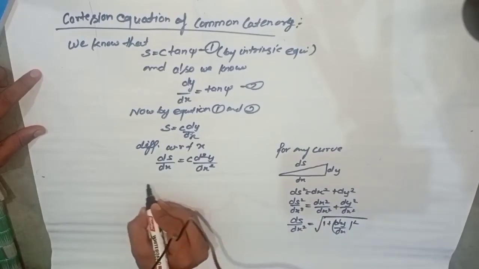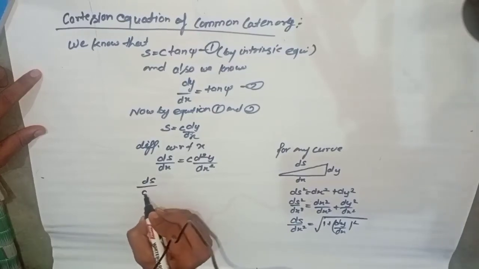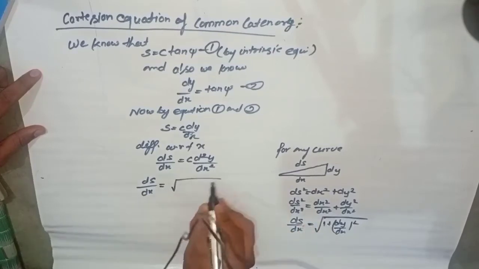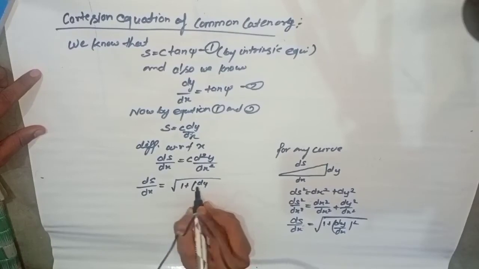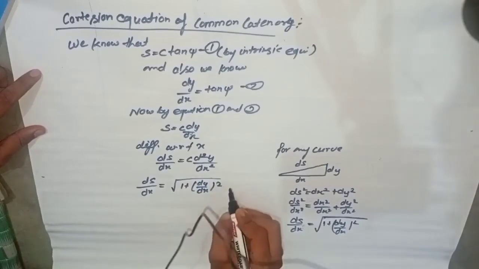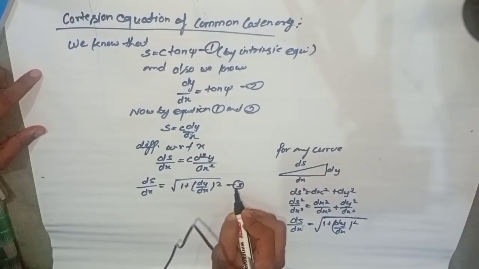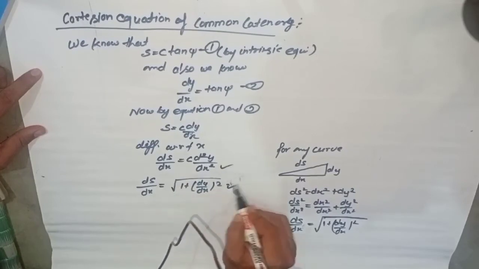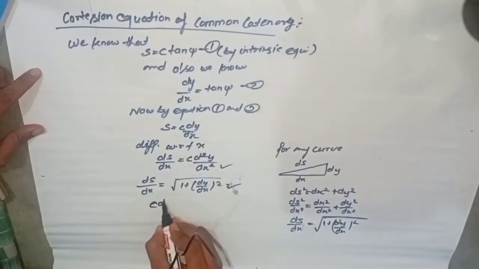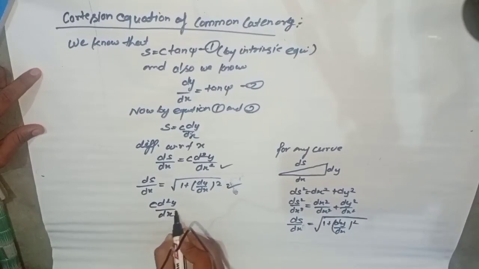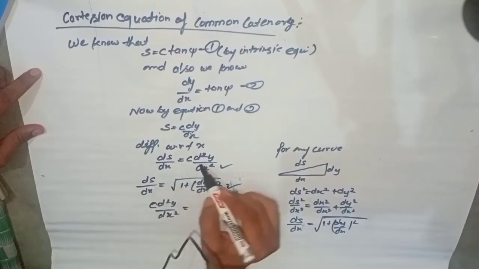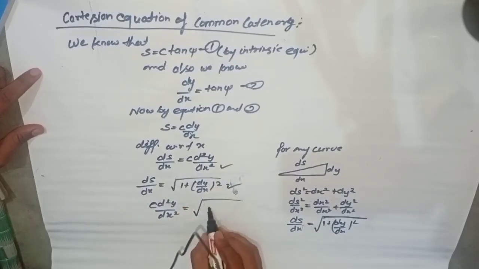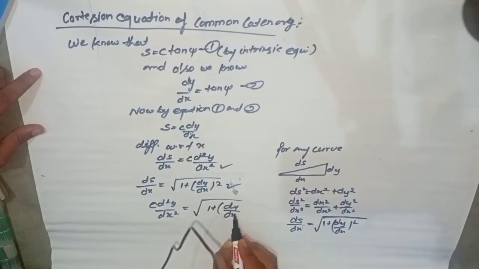Now we write ds upon dx equal to under root 1 plus dy by dx whole square. With the help of this and this, we get c d square y upon dx square equal to under root 1 plus dy by dx whole square.